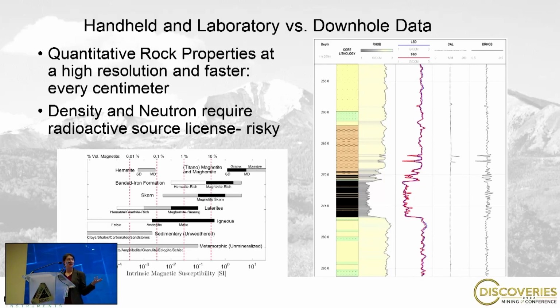However, if you do that in a borehole, you're collecting that same information, like I said, with higher accuracy and higher resolution. So collecting magnetic susceptibility data, density and neutron data, collecting all of this downhole can bring that more accurate, more precise information to the downhole data you have.